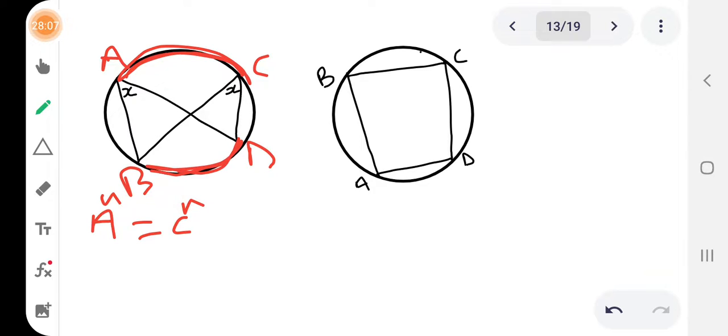Okay, so let's come to this one of cyclic quad. This one simply says that opposite angles of a cyclic quad are supplementary.